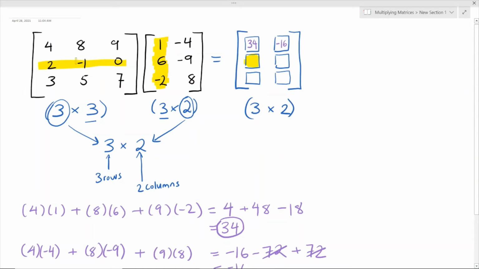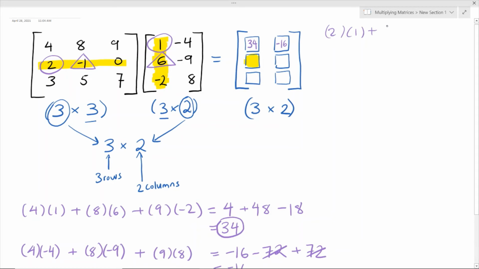We must multiply the entries that correspond with each other in these highlighted regions. So we take 2 times 1. Then we multiply -1, the second entry in the row, times 6, the second entry in the column.